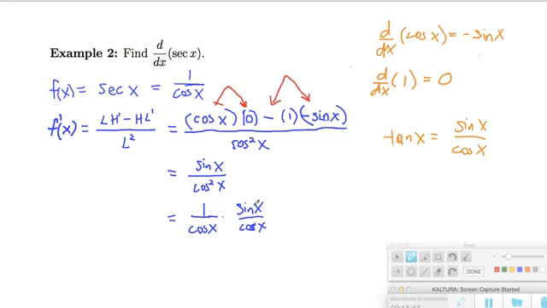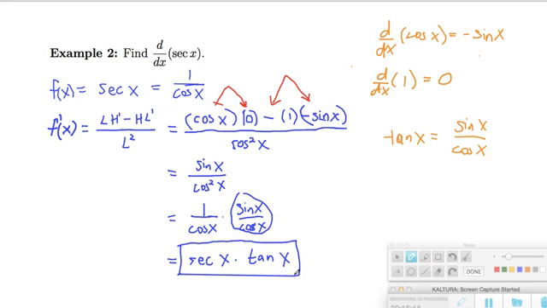Then the second part becomes tangent, right? That's just tangent. And remember that 1 over cosine, that's secant. So this can be written as secant of x times tangent of x. So the derivative of secant of x is secant x tangent x.